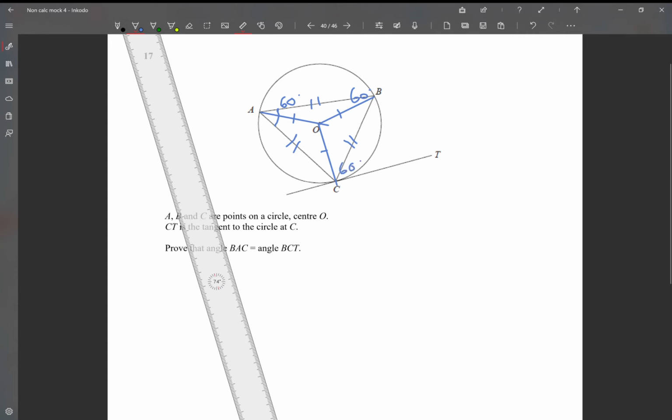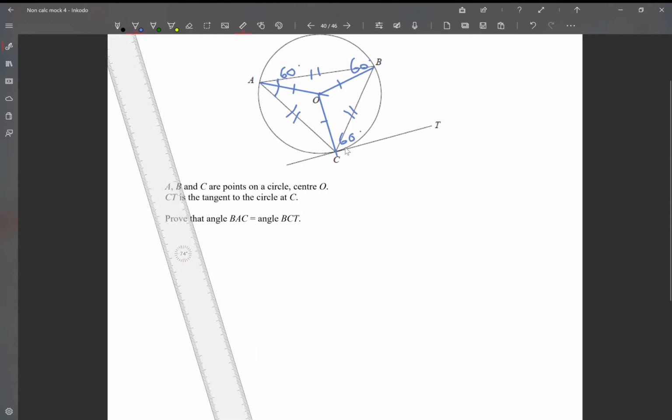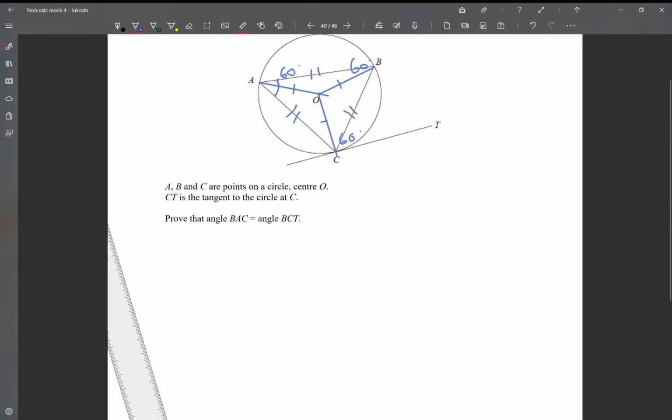Okay, now that will help us answer this question, because what we're trying to do is prove that BAC, which is 60, so this one here, is the same as BCT. So we know this one's 60, we just worked that one out.